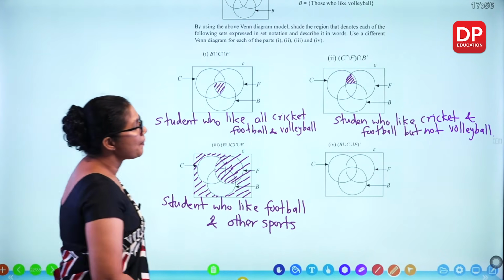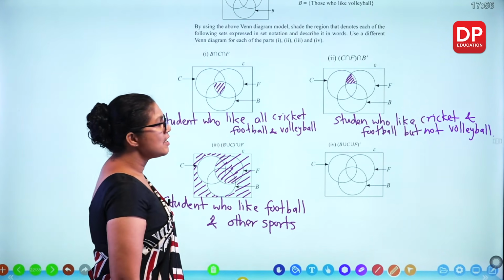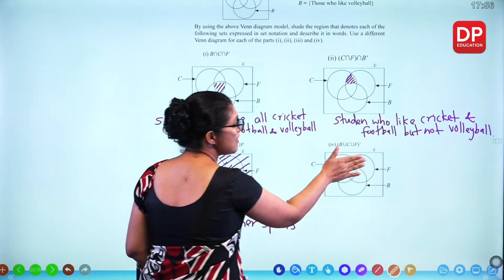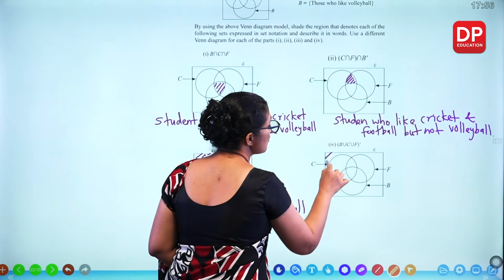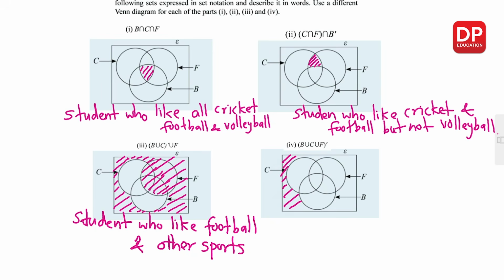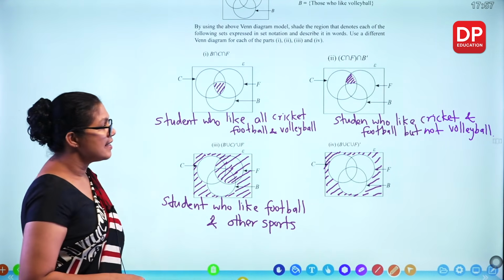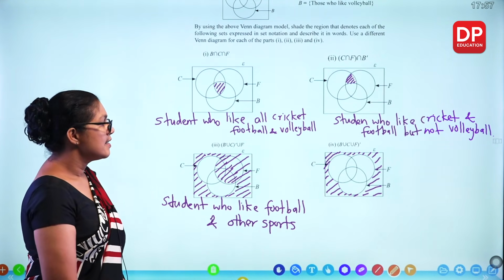What about this one? B union C union F dash means everything outside of these three circles. So here see, this dash means you can color just outside. That means they don't like these three sports, any other sports.